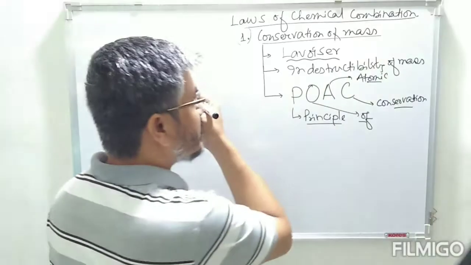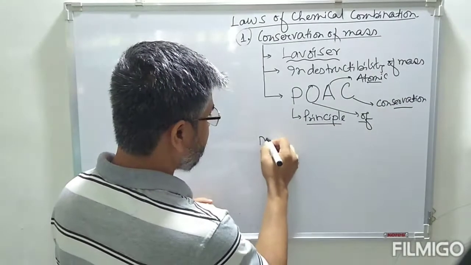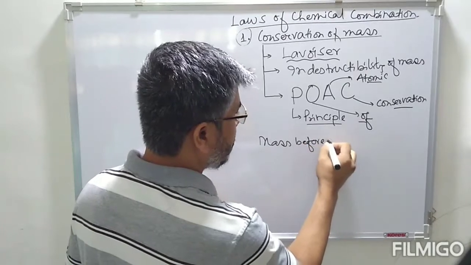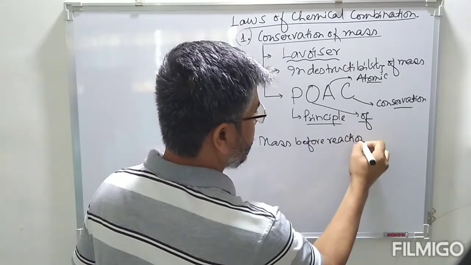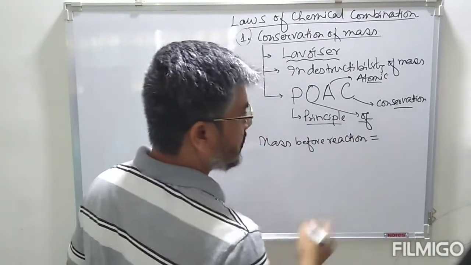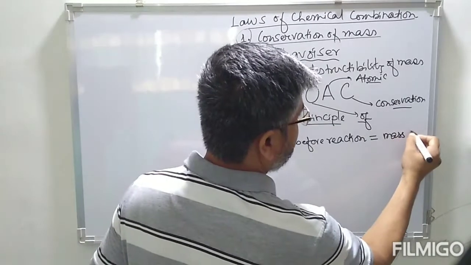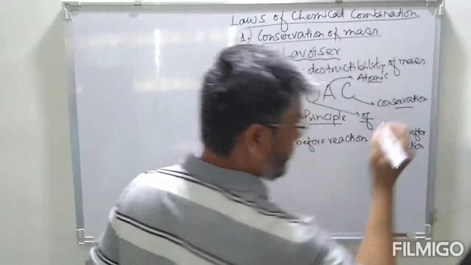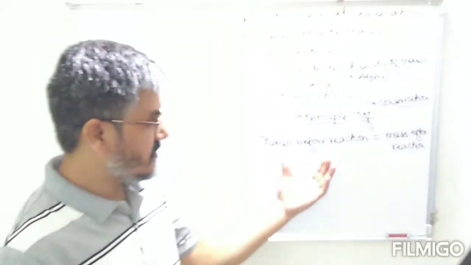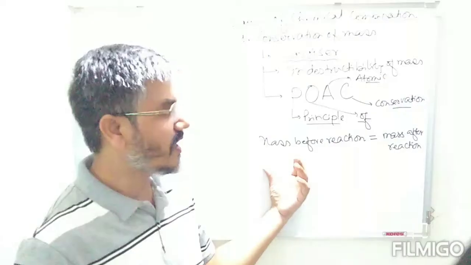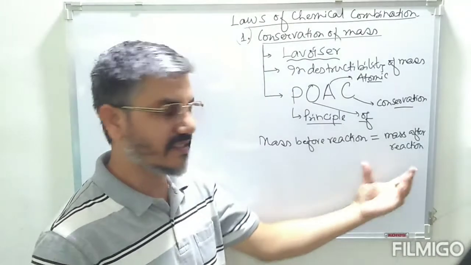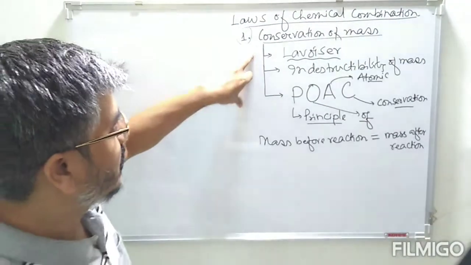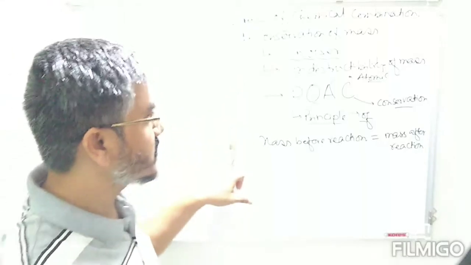So according to this conservation of mass, the mass before the reaction should be exactly identical to the mass after the reaction. The mass of the substance before the reaction and the mass after the reaction should be exactly identical. That is conservation of mass. And why is there a conservation of mass?